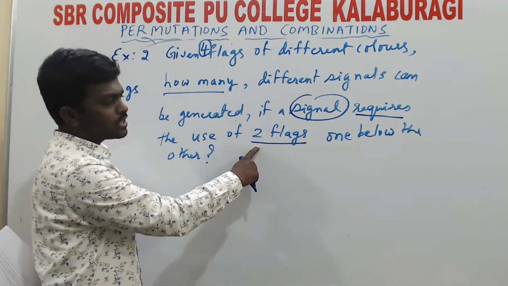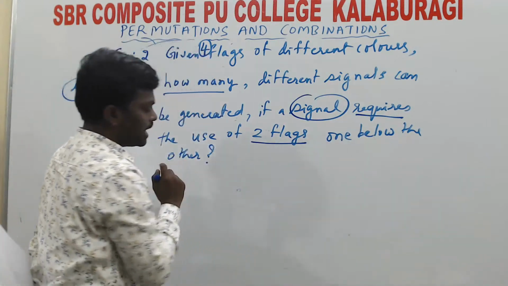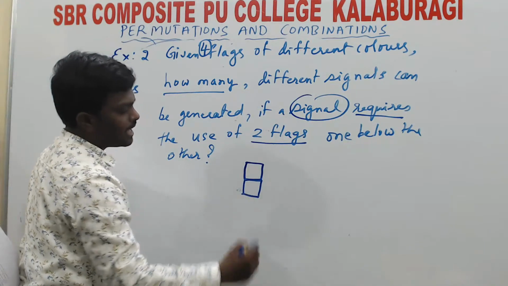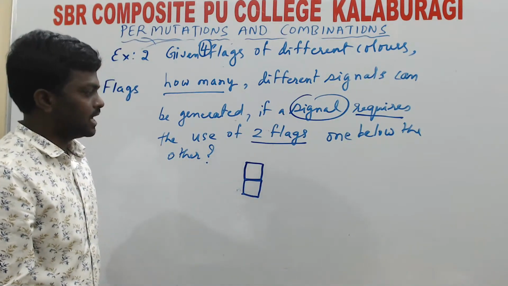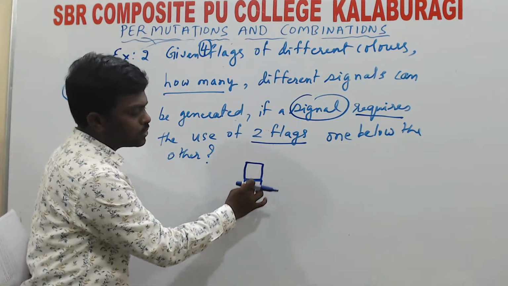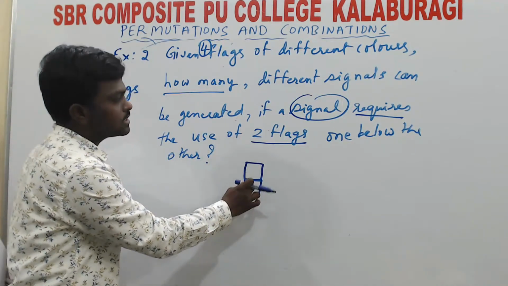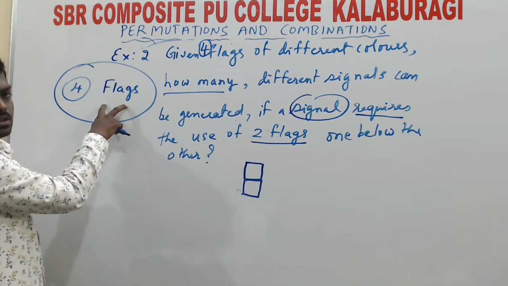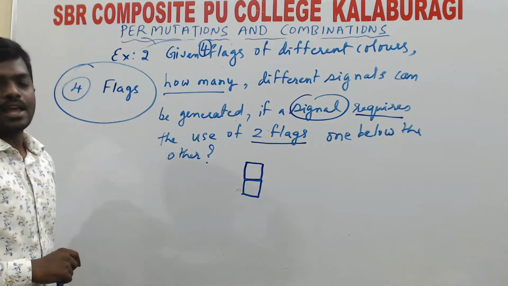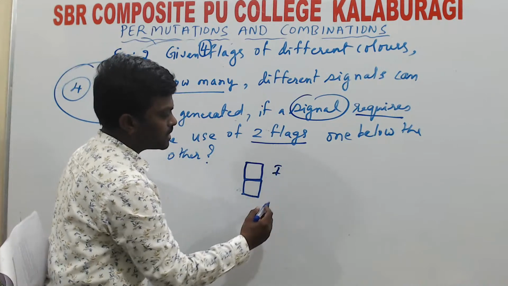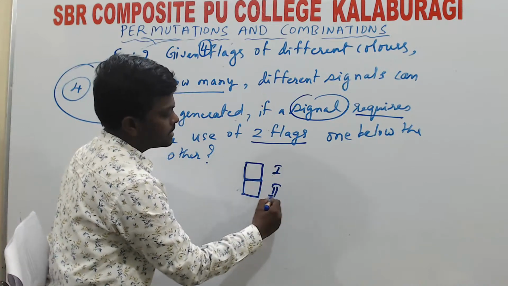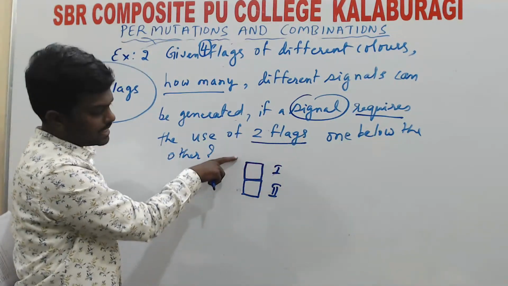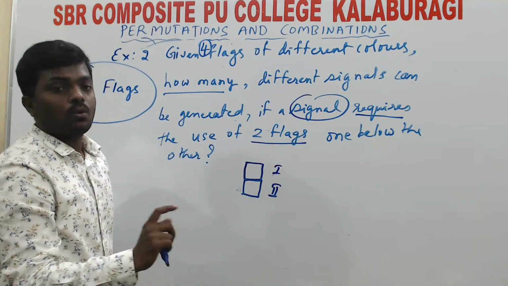So it requires only two flags, one below the other. Let's suppose this is one signal, one below the other, and this is our second signal. To form these signals, how many options do we have? Four flags. So let's suppose this is our first place and this is our second place. They have told us it requires the use of two flags, one below the other. That's why I have taken the boxes in a vertical manner.